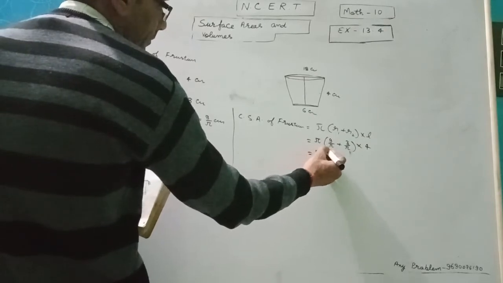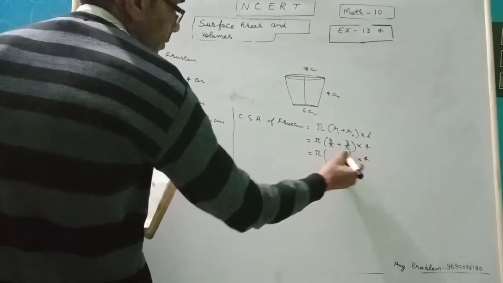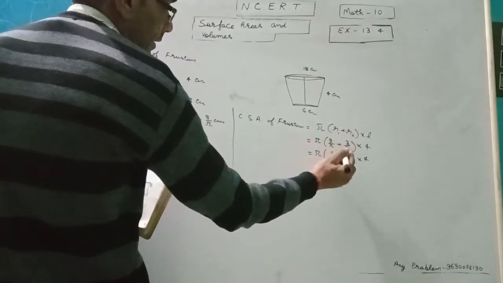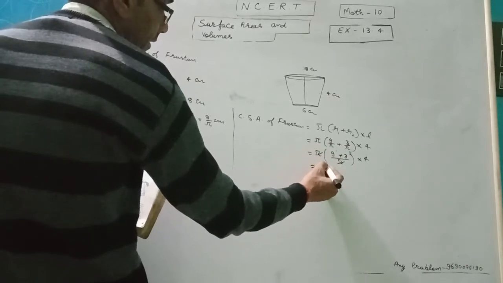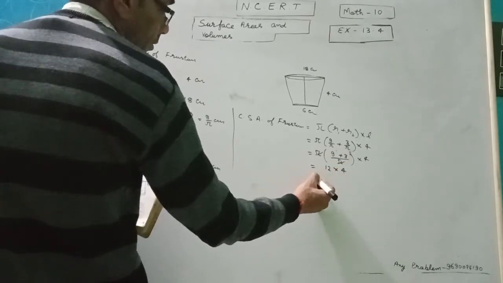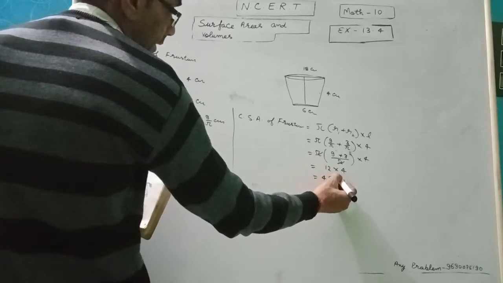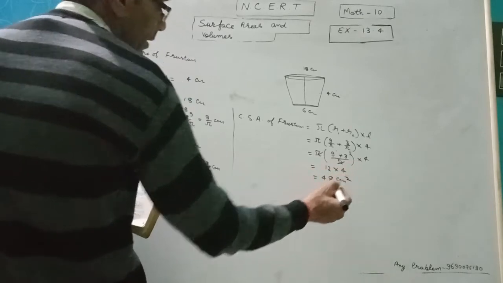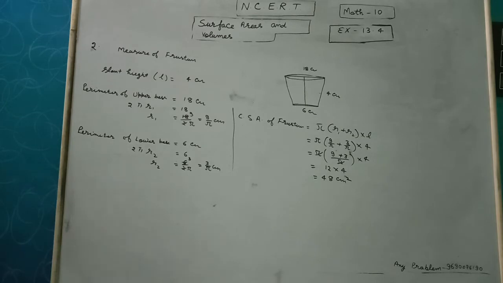After LCM it is pi into 4 into 9 plus 3, after LCM pi divided by pi, 9 plus 3 is 12, into 4, 12 fours are 48. 48 cm square will be the CSA of the frustum. Question number 2 is complete.